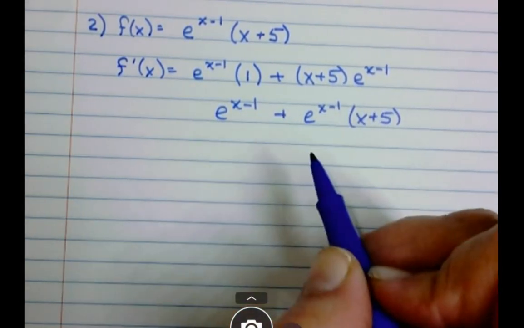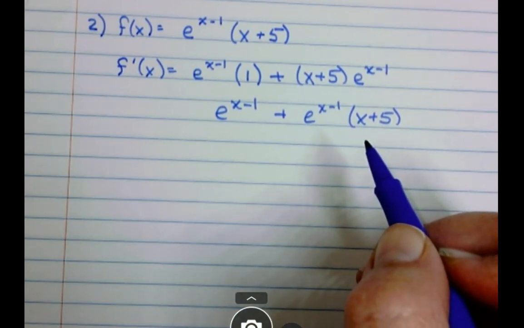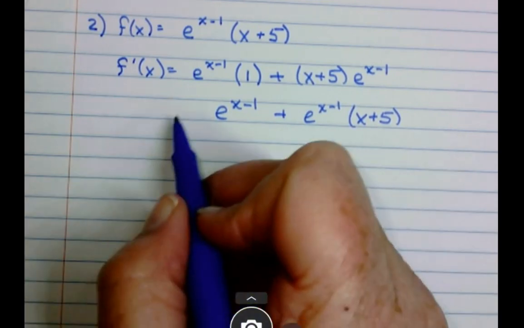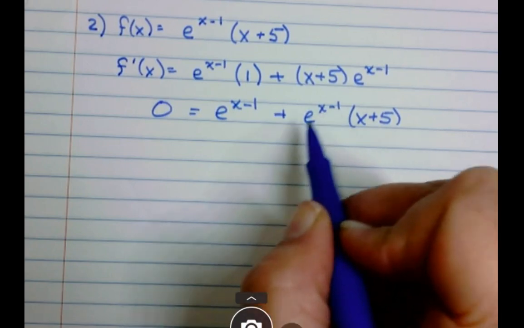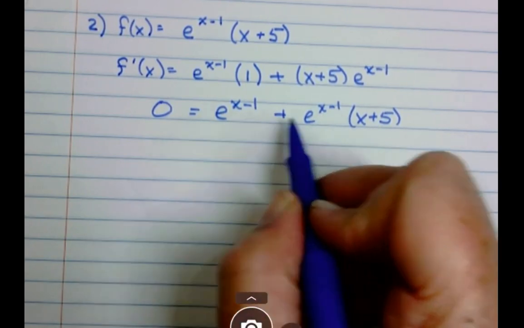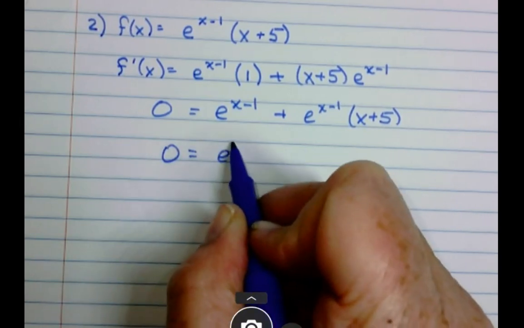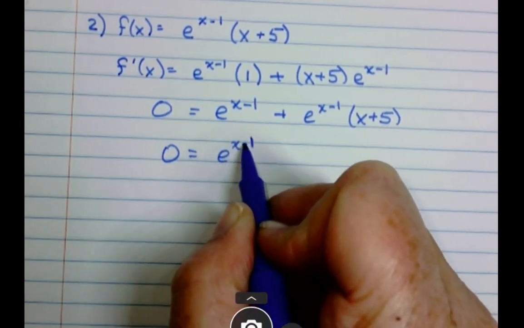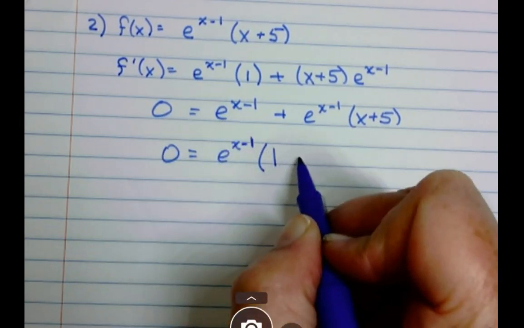When you look at it now, it's really clear that we need to factor out an x plus 5. Okay, so I'm sorry, I said that wrong. We need to factor out an e to the x minus 1, right? Because we have that in each term. So I'm going to factor out e to the x minus 1. And that means this term just becomes a 1.